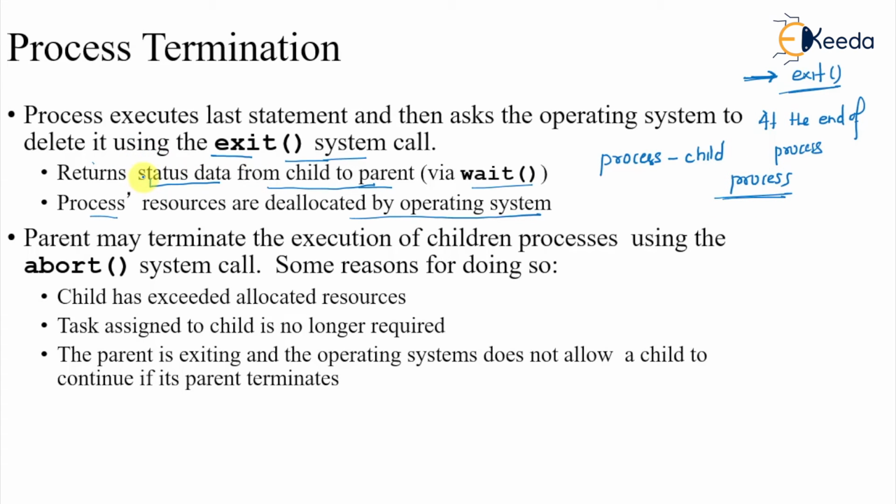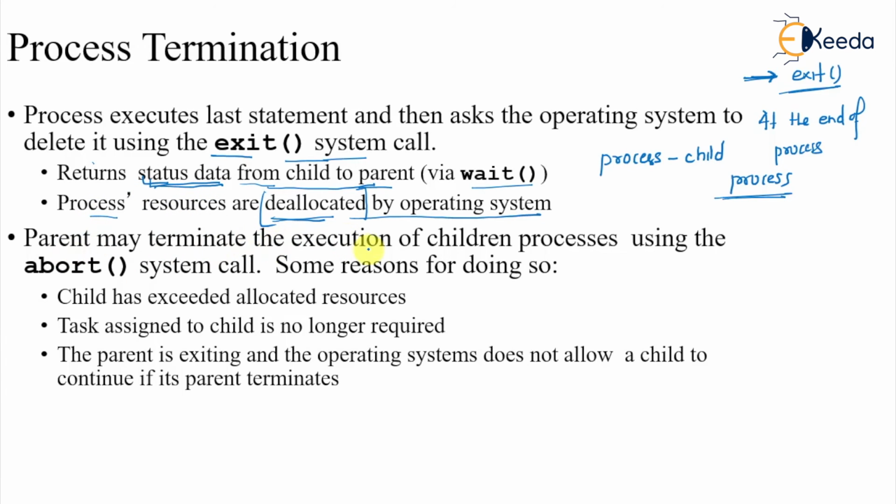It will return the status data to the parent process. Okay, so that will be returned after termination. If it is a parent, then nothing to worry about, but if it is a child process, then it will send the status data from child to parent. And definitely, if you are done, then your resources, your memory, your CPU time will be deallocated by the operating system.